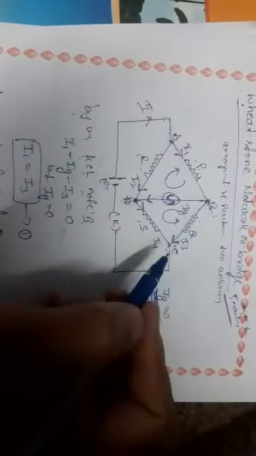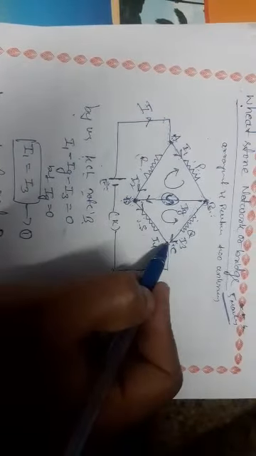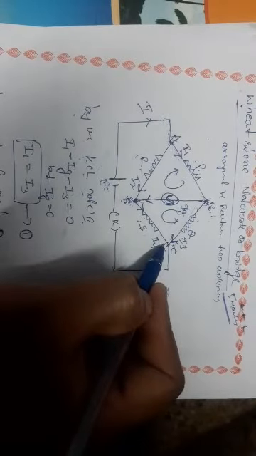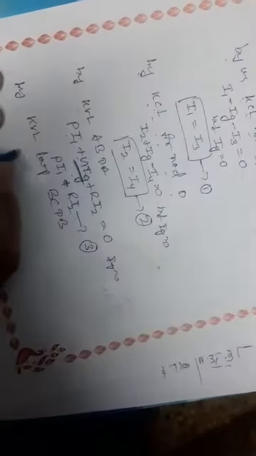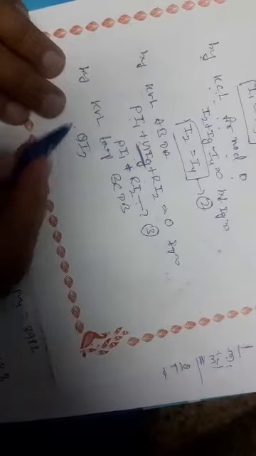First imagine point C, a converging current. Imagine point D, a diverging current. Imagine point B, which is also a diverging current. The resistance is Q and the current is I3. It is a converging current, so positive.